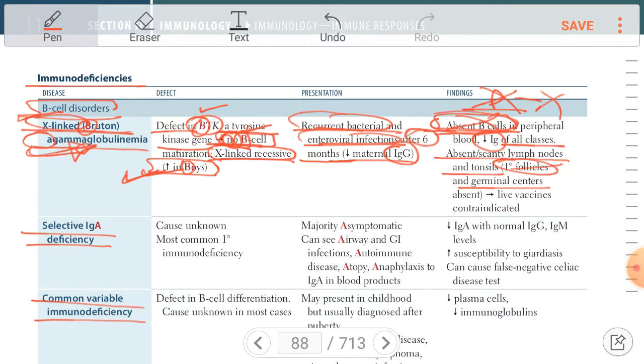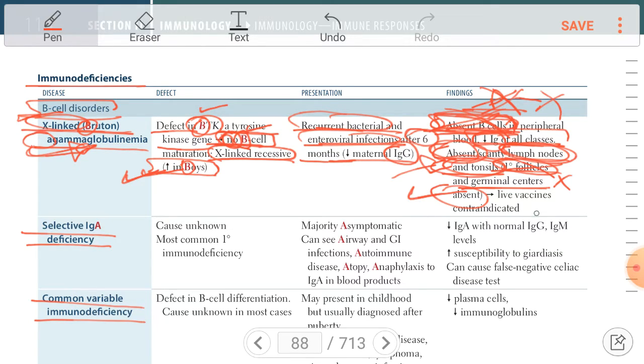There is no primary or secondary follicle because of absence of B cells, since they are the sites for B cells, leading to absent lymph nodes and tonsils.